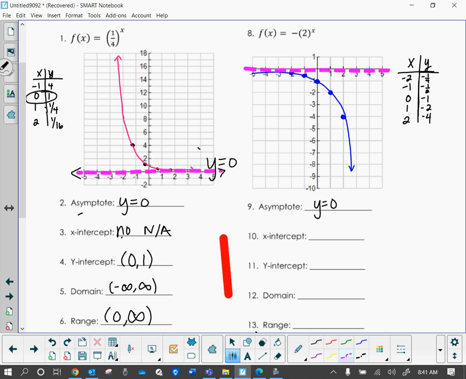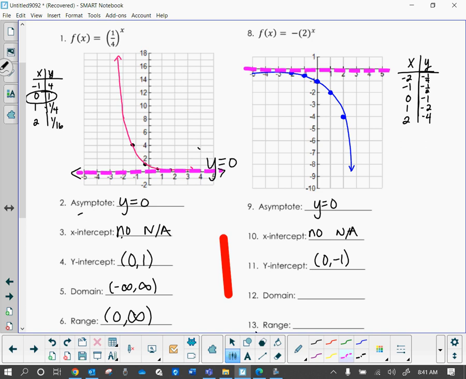Does that blue graph cross the x-axis? No. So this would be no or NA. What is the y-intercept? 0, negative 1.